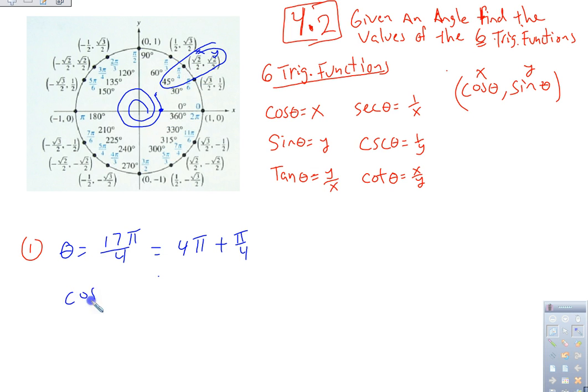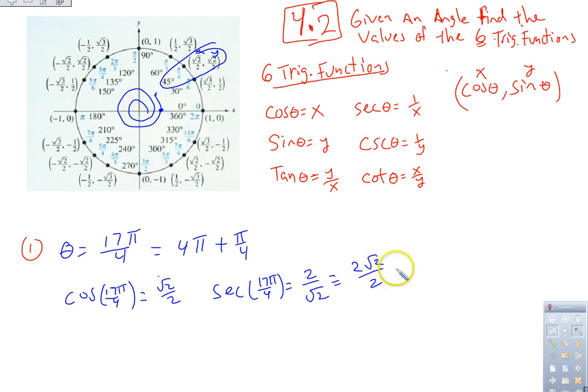So cosine of 17 pi over 4 is equal to radical 2 over 2. Its reciprocal secant is equal to the reciprocal of that, which is radical 2.